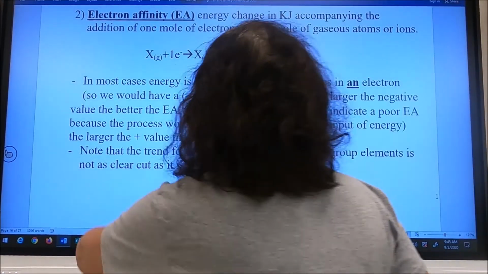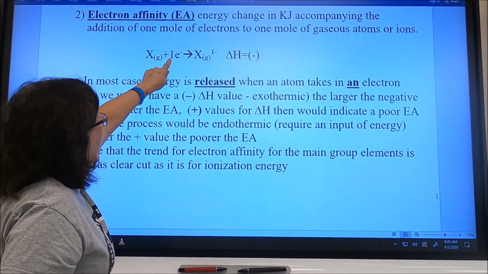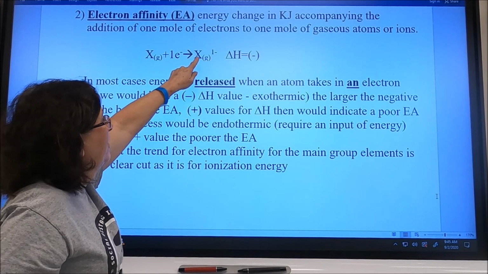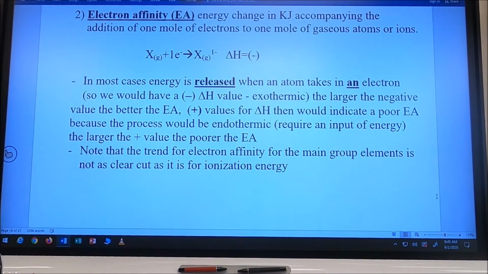So 1 mole of gaseous atoms takes in 1 electron to give us 1 mole of gaseous ions with a 1 minus charge. Delta H here is usually negative. In most cases, when an atom takes in an electron, it gives off energy. It's exothermic. The larger the negative value, the better the electron affinity.